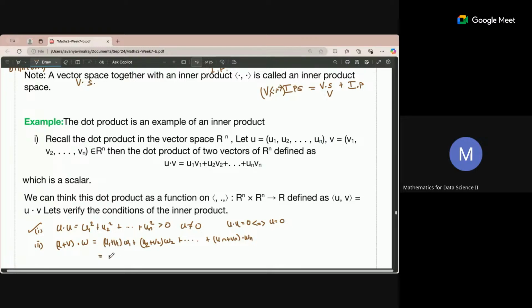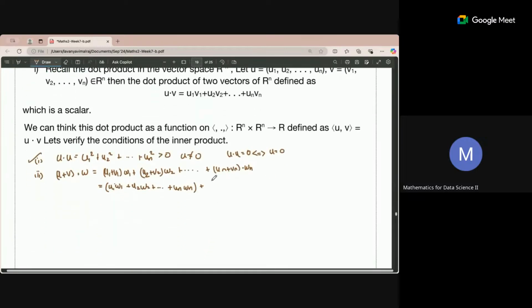So now let us split and write u1 w1 plus u2 w2 plus etc. un wn. And then you have v1 w1 plus v2 w2 plus etc. vn wn. So now the first part is nothing but u dot w and the second part is v dot w.